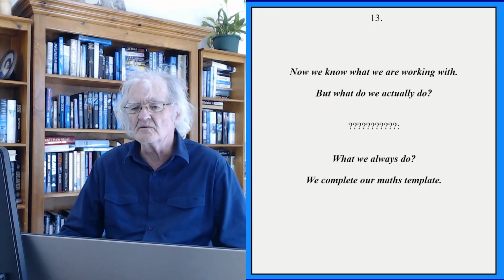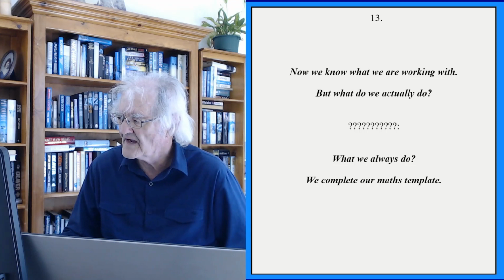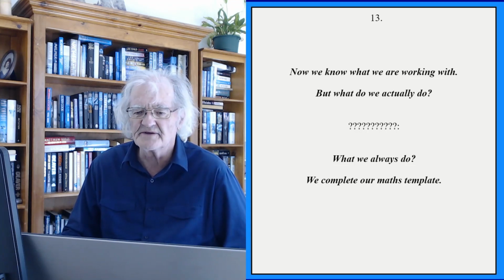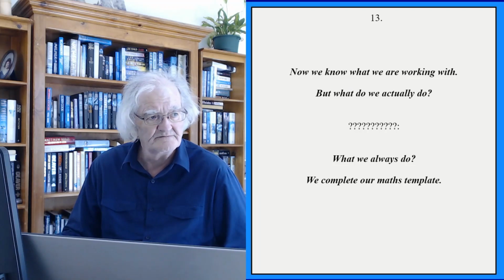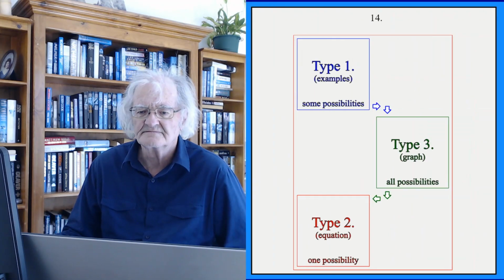Now we know what we are working with, but what do we actually do? Well, it's what we always do. We complete our maths template. Type 1, examples. We generate some possibilities.